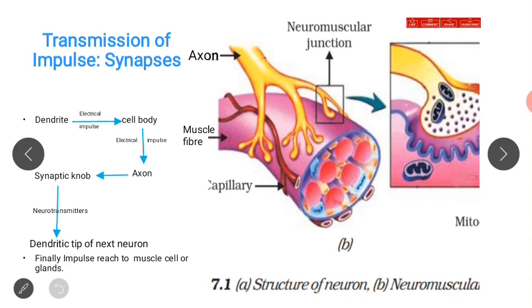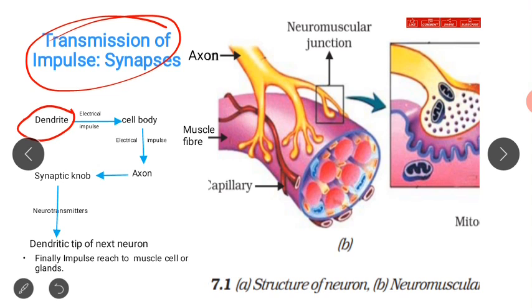Next is the transmission of impulse. Receptors receive the environmental stimulus, and these are the dendritic tips, where chemical reactions occur, and these chemical reactions are converted into electrical impulses.